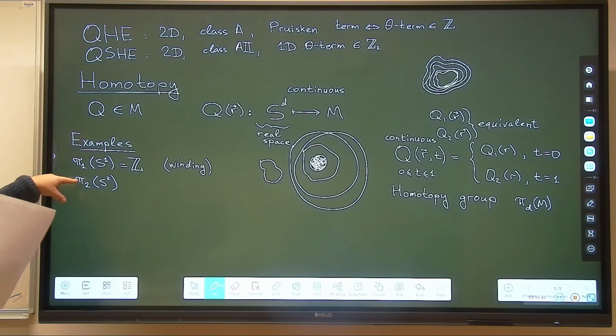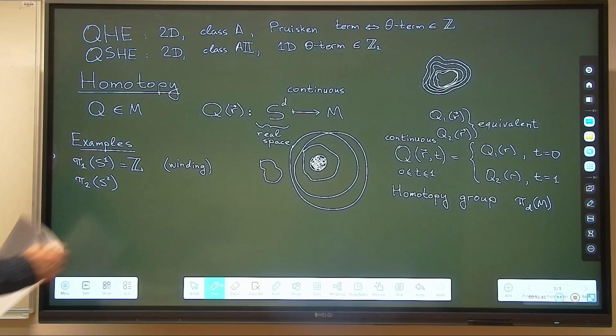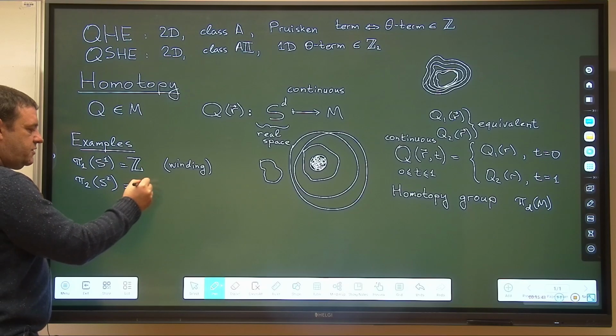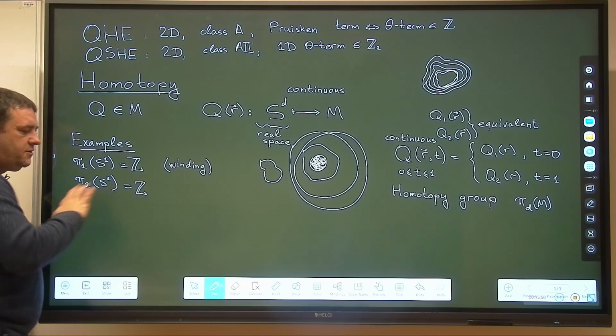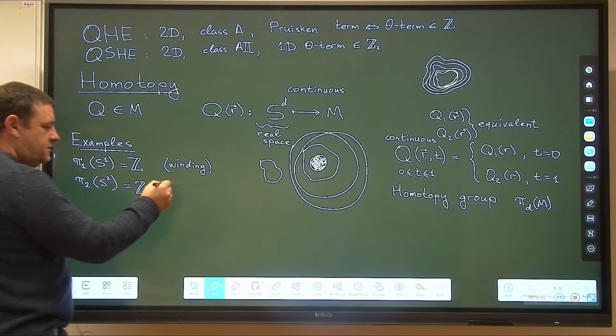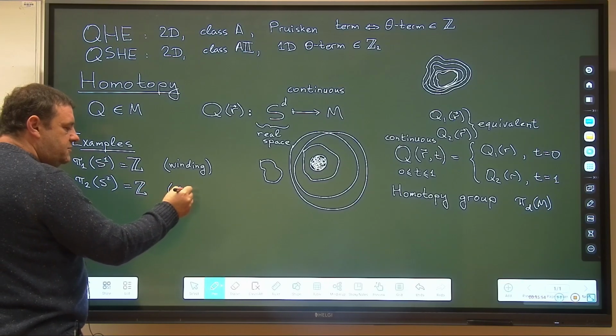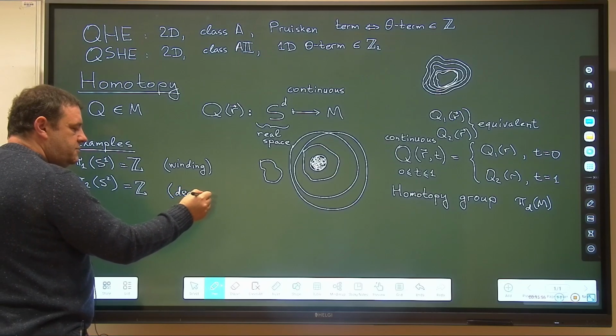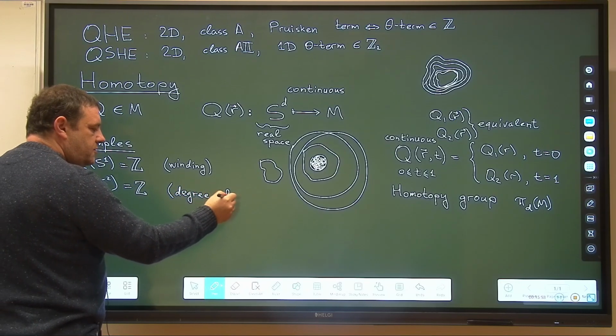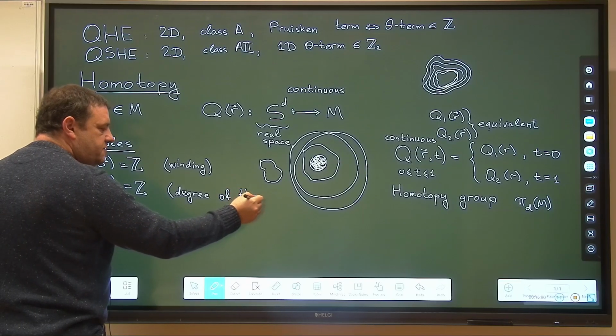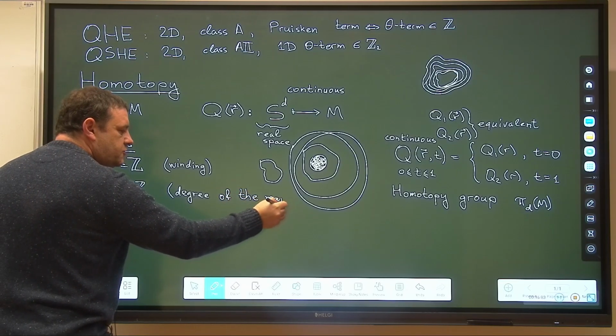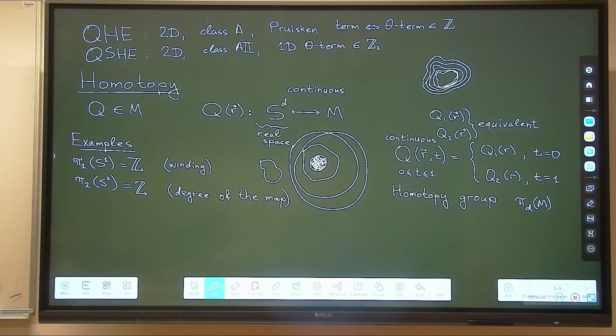So pi 2 of S2, we also discussed this. It is also Z. We have any integer number of these different homotopies, and we called it the degree of the map, whether the sphere is covered 0 times, once, twice, 3 times. It's the same as winding, but for two-dimensional spheres.